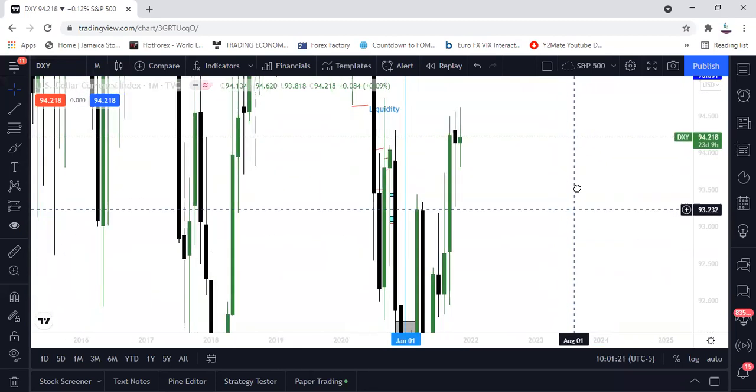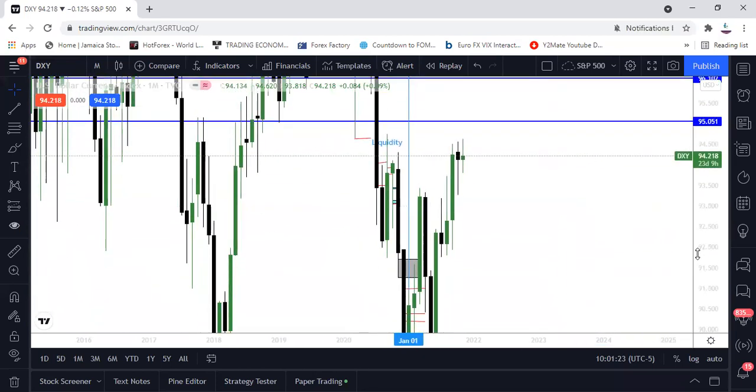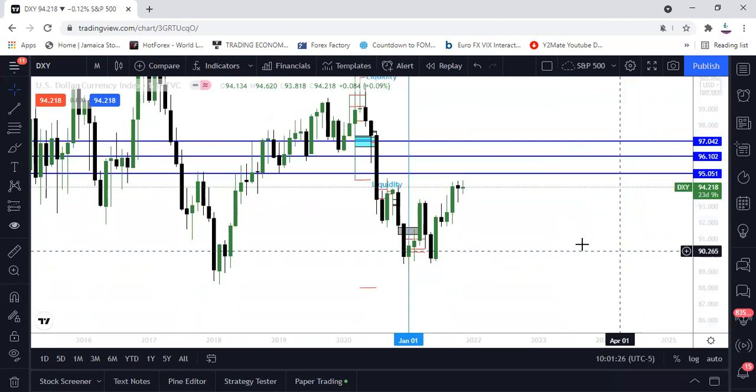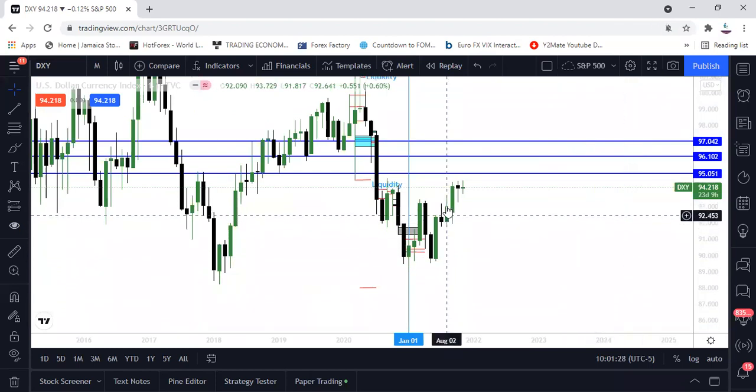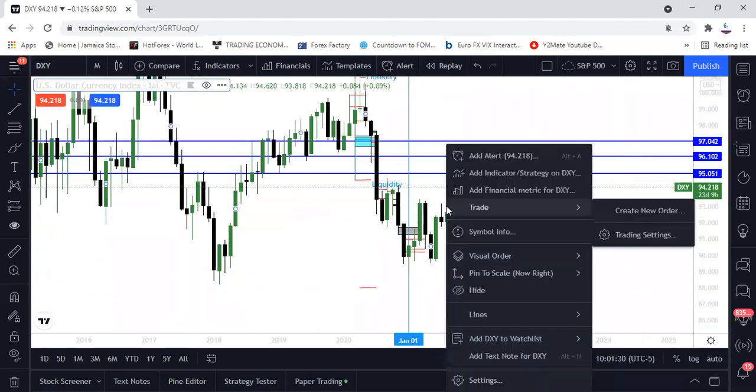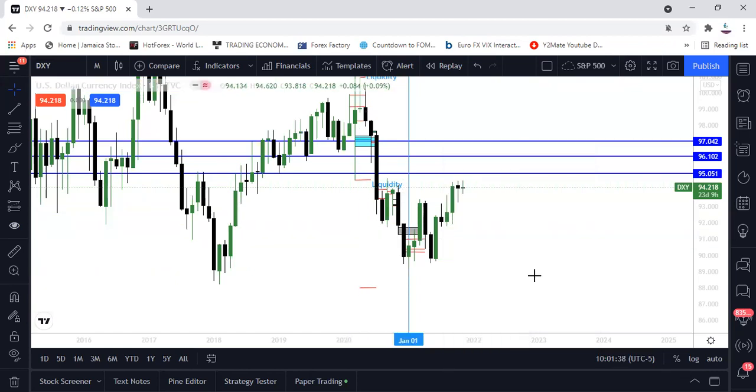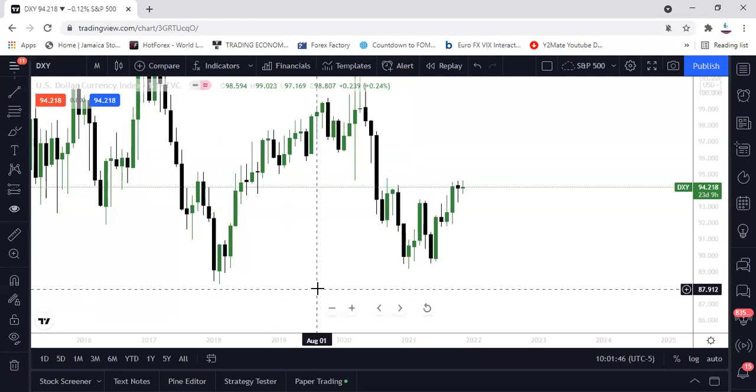How do you clear everything off the chart? Garbage can icon to the left. Left and bottom. Thank you.